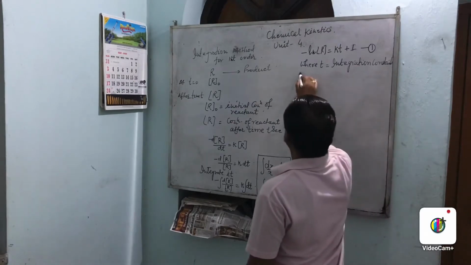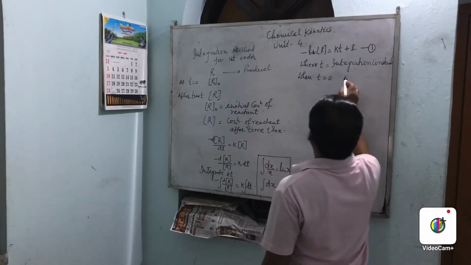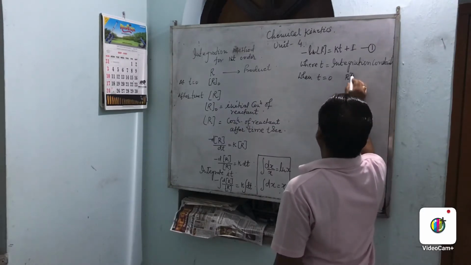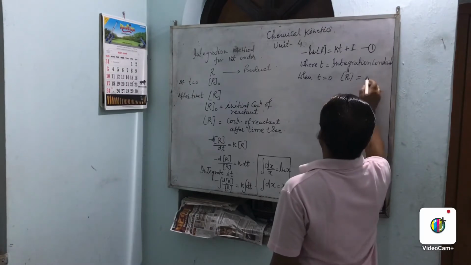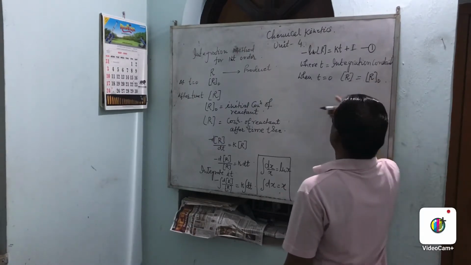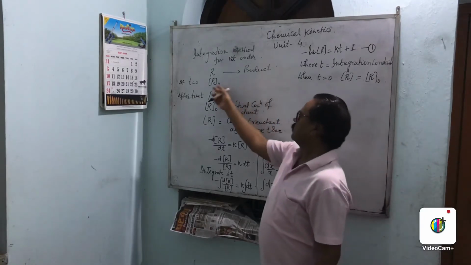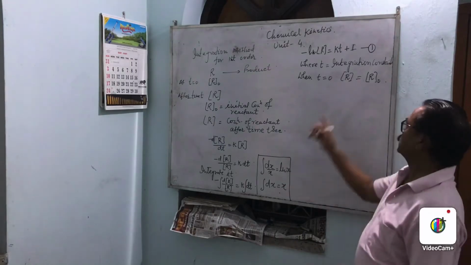So when time allowed is 0, then R, which is the concentration of the reactant after lapse time t seconds, now becomes equal to R naught. When t is 0, this will be the initial concentration of the reactant, so this is R naught.